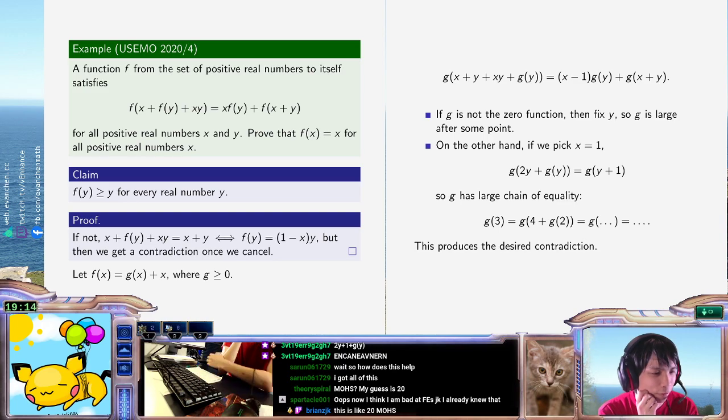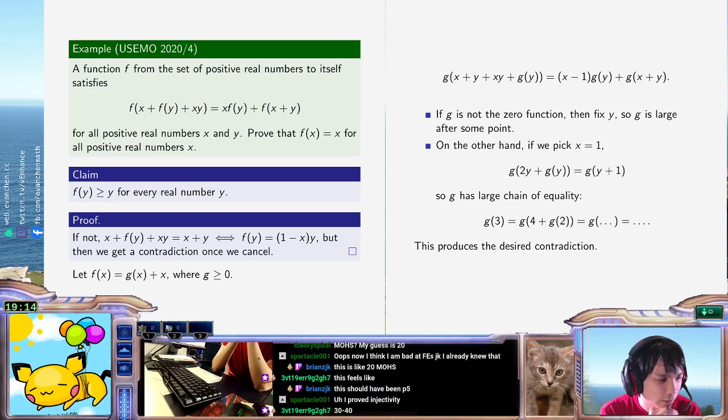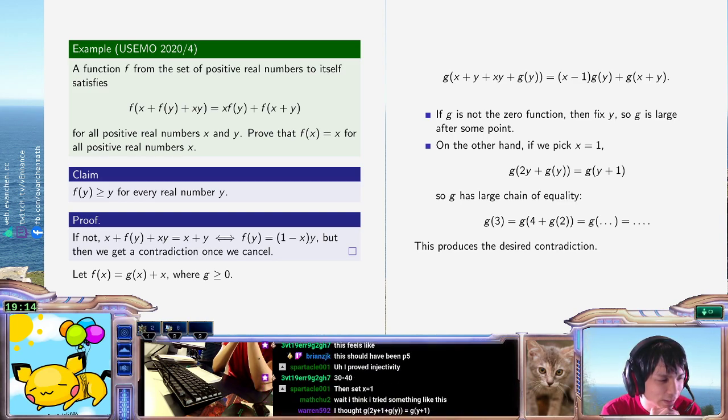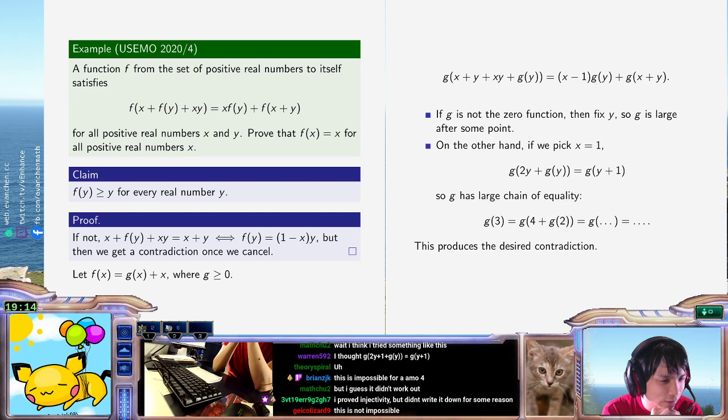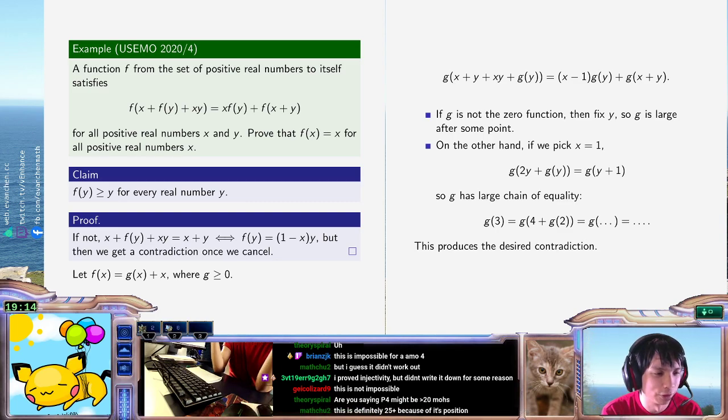Everyone was saying this is impossible, many times. I agree, I thought it was a medium problem, and I was like, problem 4 and 5 are both medium, what do I do?